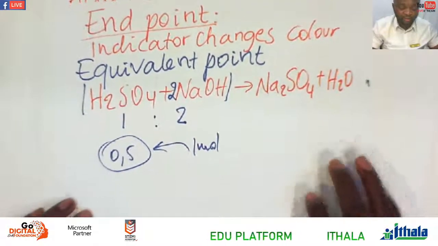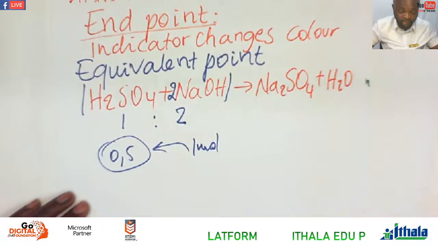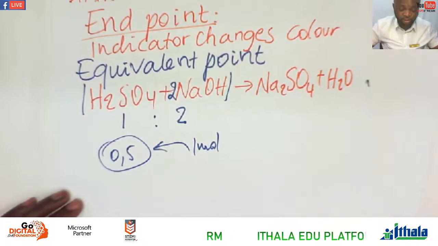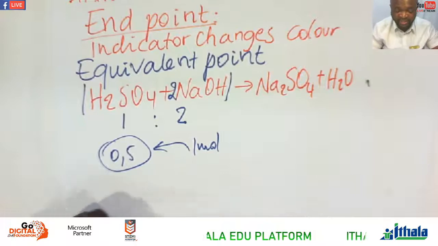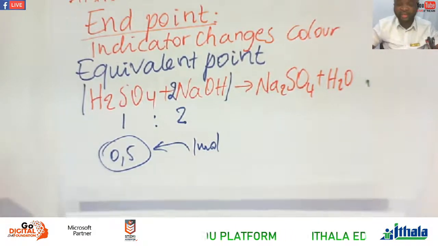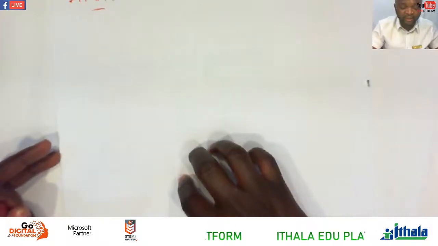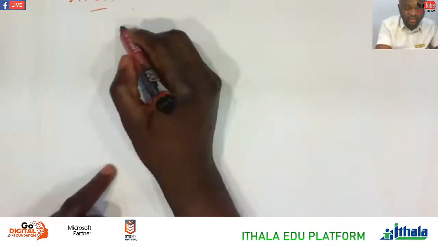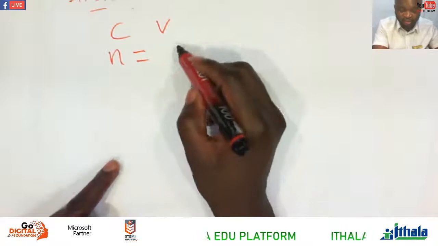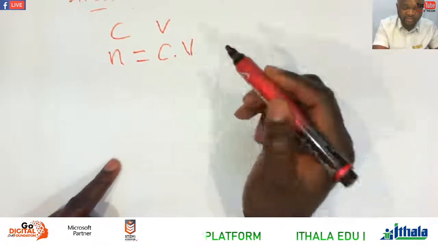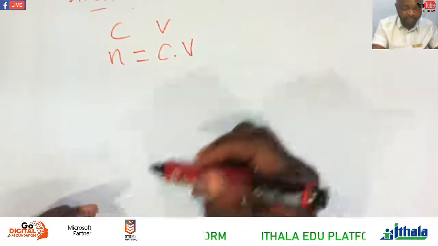As we said, we must use the number of moles in terms of the ratio, because we add the base as an aqueous solution. When we talk about an aqueous solution, we deal with concentration and also volume. We know that the number of moles is calculated as concentration times volume, right?